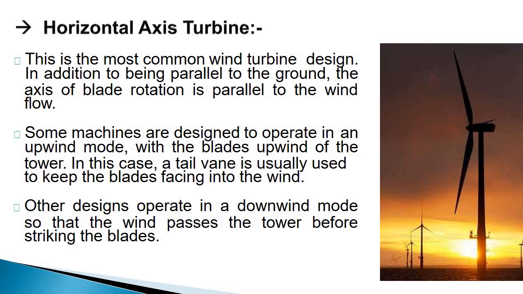Other designs operate in a downwind mode so that the wind passes the tower before striking the blade. This is not the case with horizontal axis turbine. Here the blades are facing the wind.